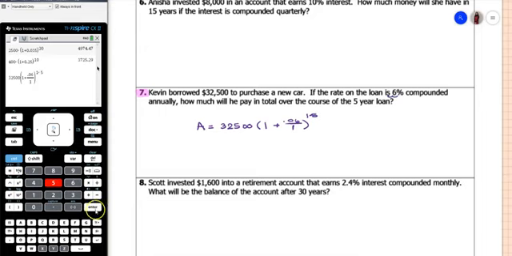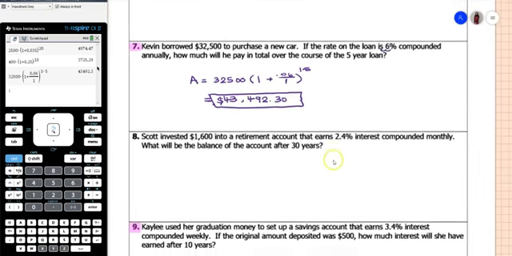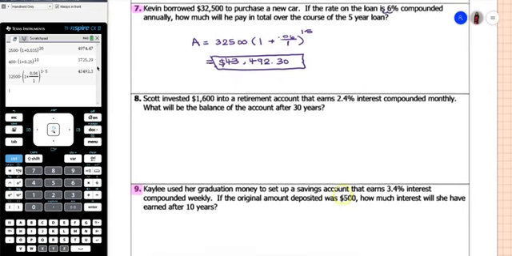I just put everything exactly as I wrote it down into the calculator. And so in 5 years, he's going to owe $43,492.30, even though his initial loan was $32,500. He owes $43,000 in total because of the interest on that loan.